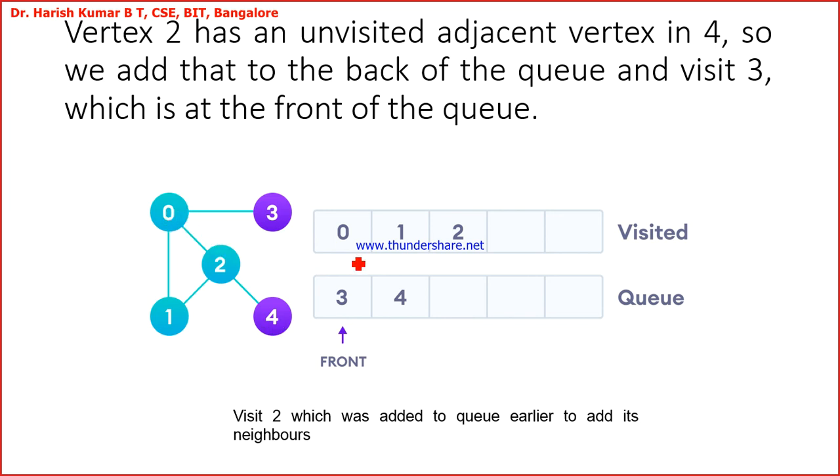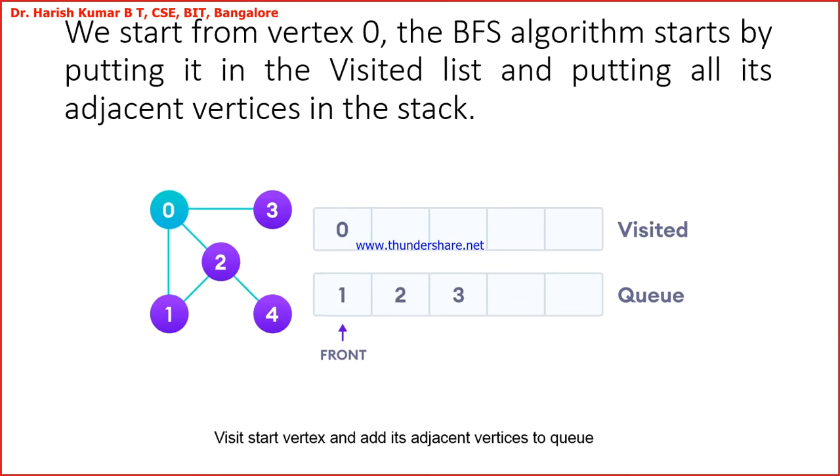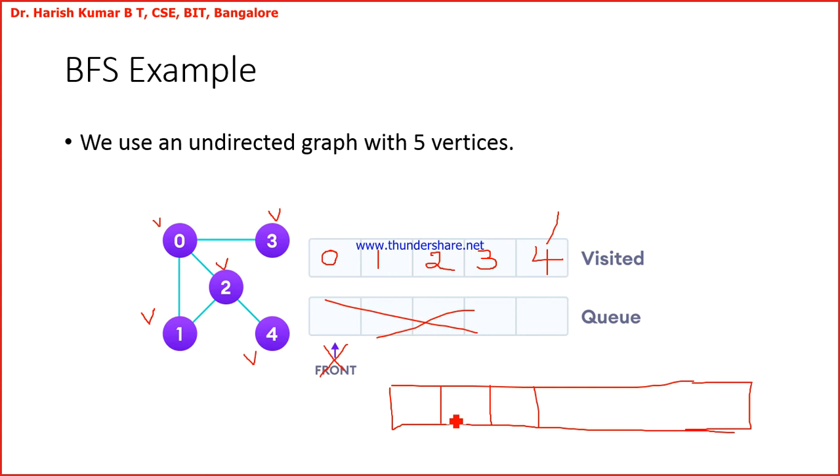This 0 is already visited and 4 should be added to the queue. I think that I missed that part while explaining. Sorry, let me do it again.